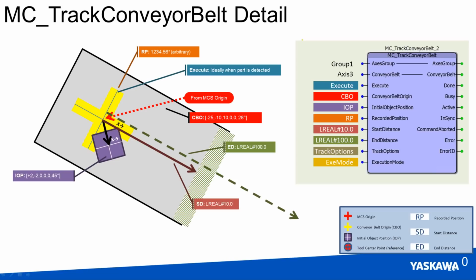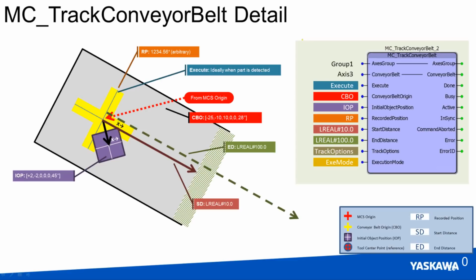But if you think about two parts coming down a conveyor and a camera capturing them, then you can do your move on the first one. Again, the camera will typically provide an initial offset or initial object position for you. And you can do whatever you're going to do with that first one, and then basically execute that same function block with the same recorded position and a different initial object position, and it will execute just fine.